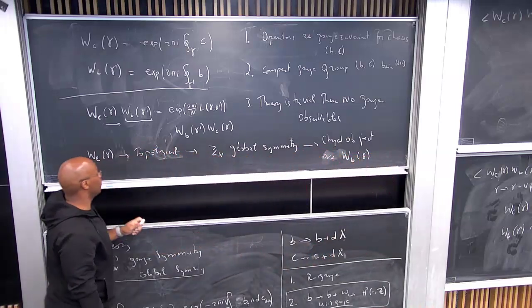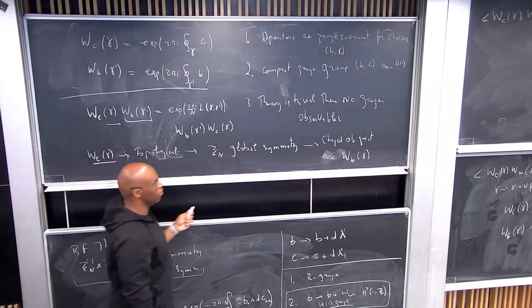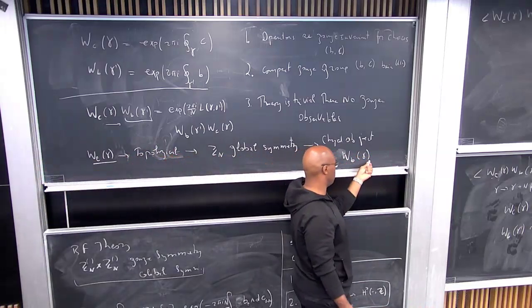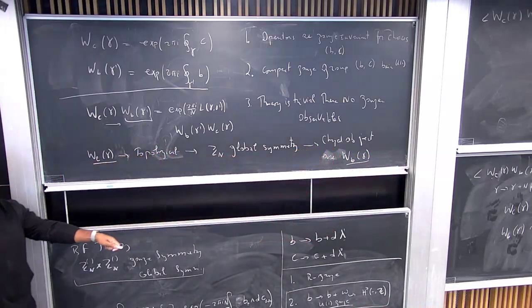So this is a group element, a Zn group that's acting on some charged objects, which are these guys. So that's one global symmetry that this theory admits.